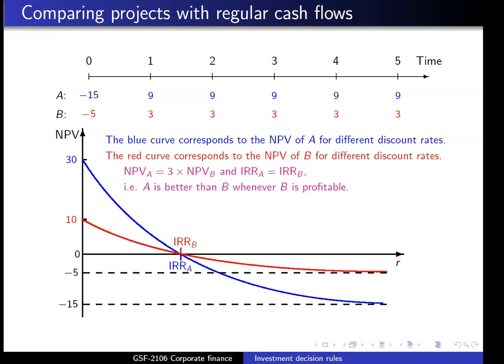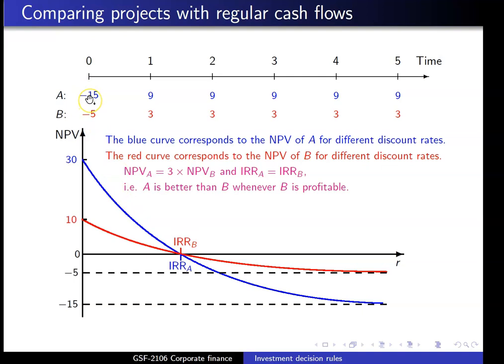A and B have the same internal rate of return, and when both projects are negative, they are both negative at the same time. So here's the tipping point.